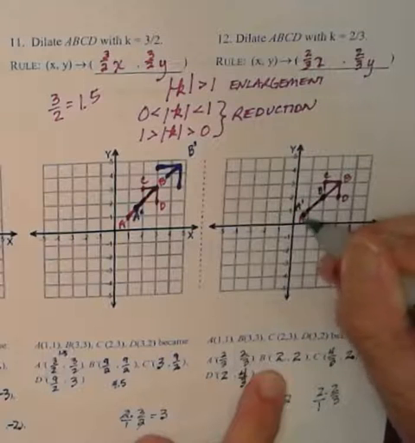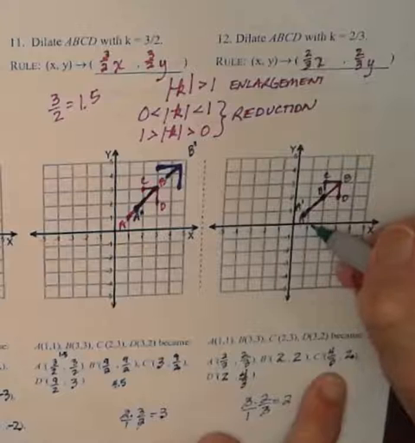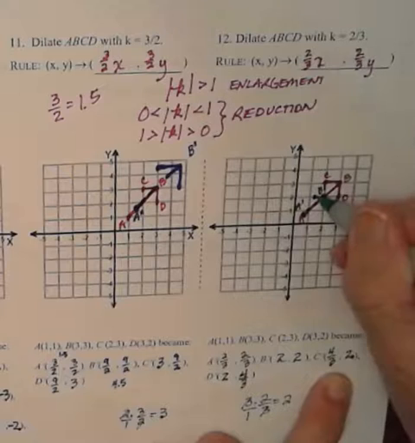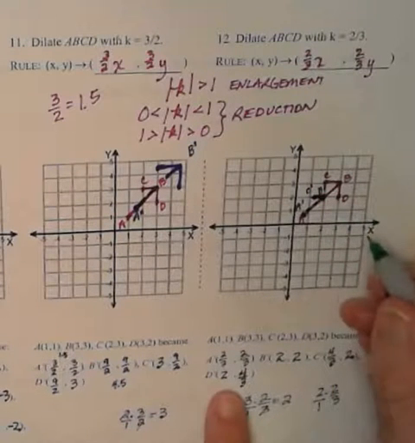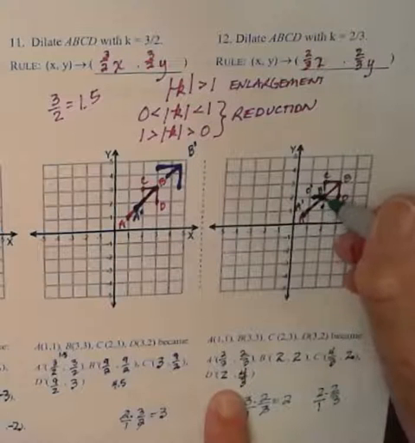Those 2 points are much closer than the original A and B. We're going to run 1 1/3 and rise 2. So we're about right here for C prime. And for D prime, we'll run 2, rise 1 1/3. And there's our D prime.